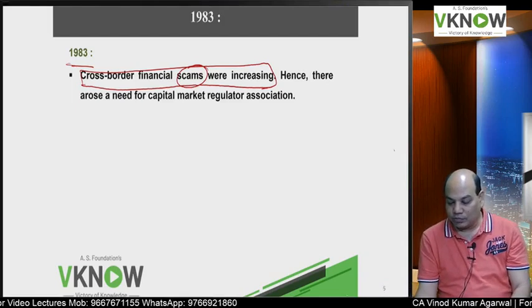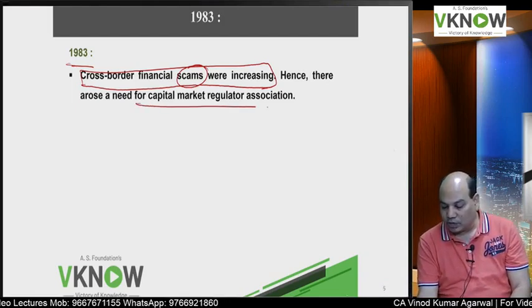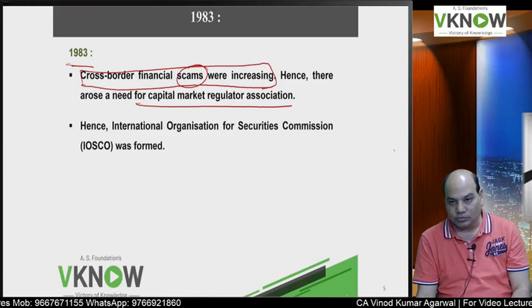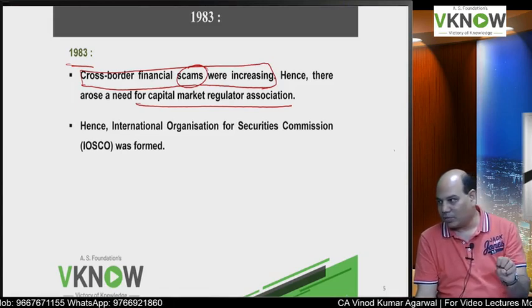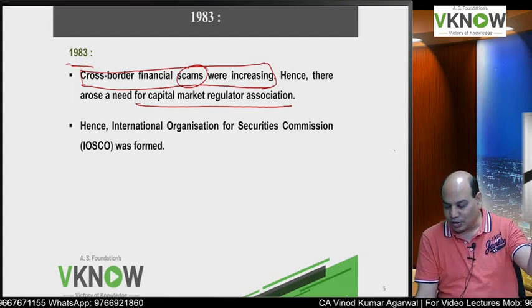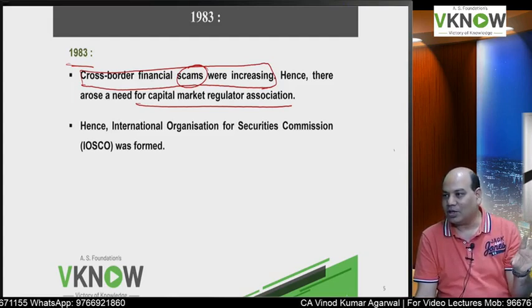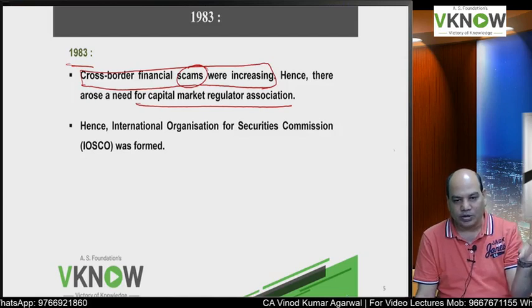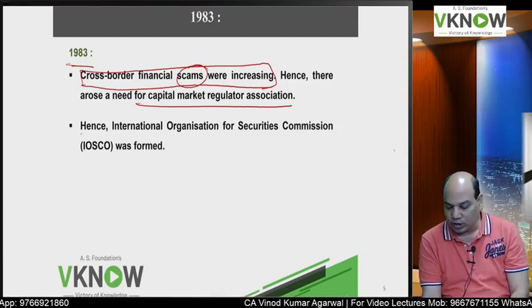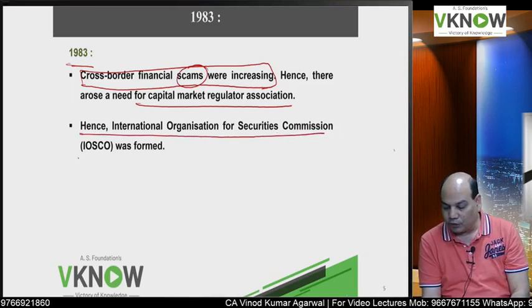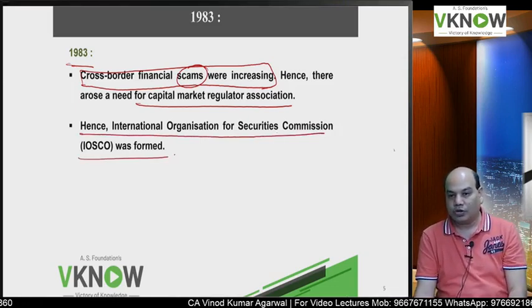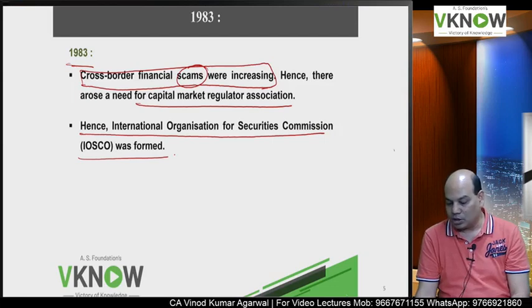So therefore, they thought that now we should have a capital market regulator association. SEBI is one capital market regulator. Securities Exchange Commission is a capital market regulator. So in different countries, you will have different market regulators. So what they did, they came together and formed an organization called International Organization of Securities Commissions.